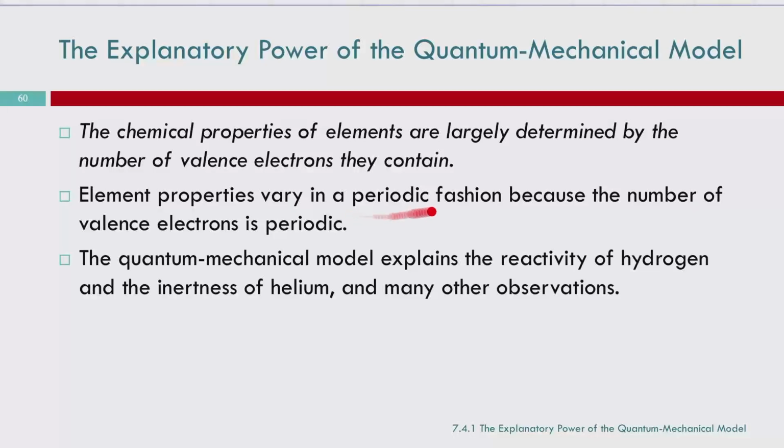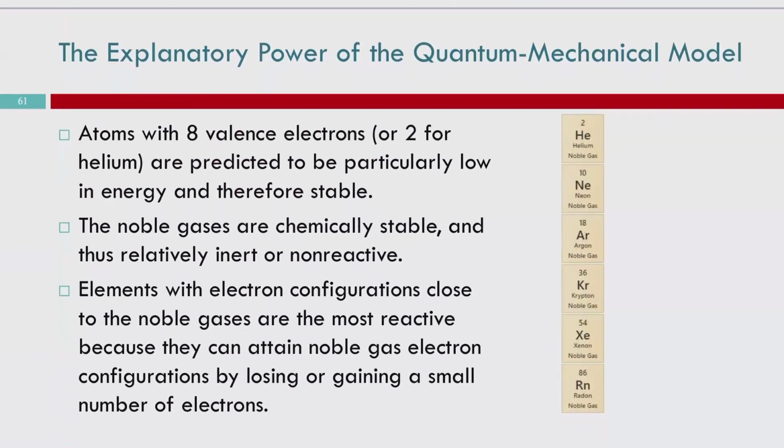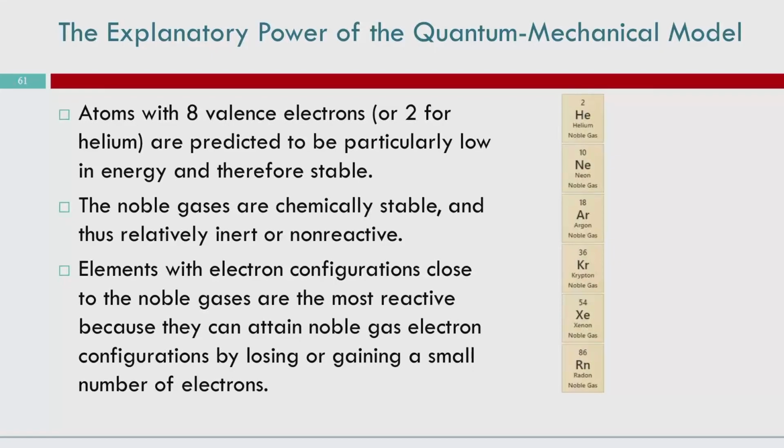That's part of the reason that we have a periodic table with repeating patterns. So it helps us explain a bunch of things. For example, all of our noble gases, atoms with 8 valence electrons, we've learned previously, are inert. They don't react.